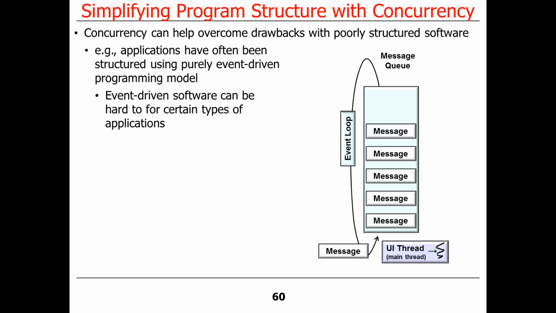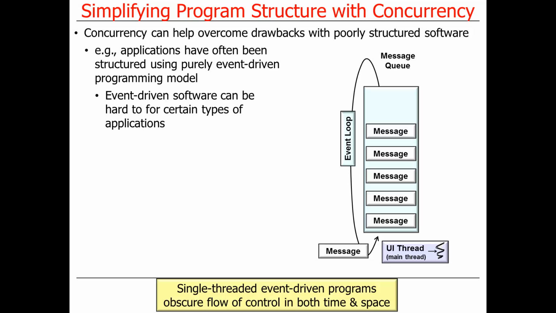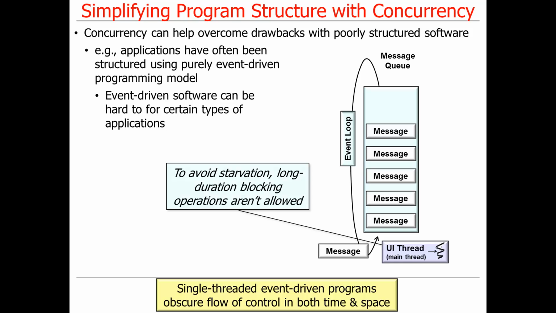And it was all done in one thread of control. And this was difficult because it made it hard to avoid blocking, or it required your software to be split in time and space between starting an operation and then completing the operation with the results that came back. So the challenge here is that single-threaded programs that are event-driven tend to be somewhat obscured in time and space.